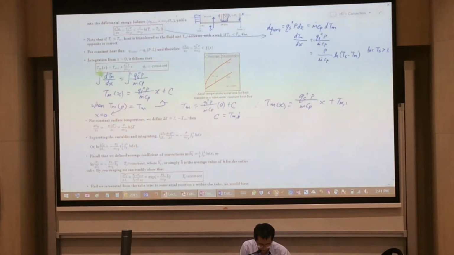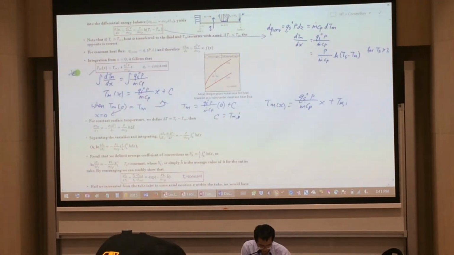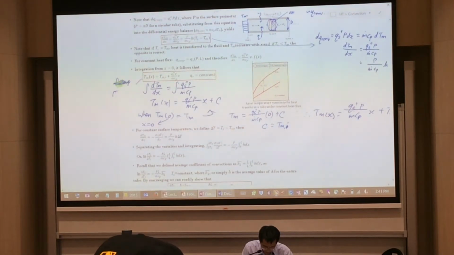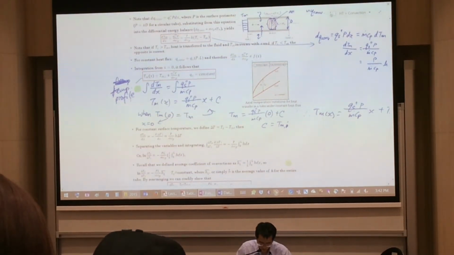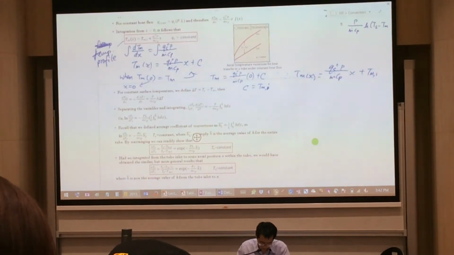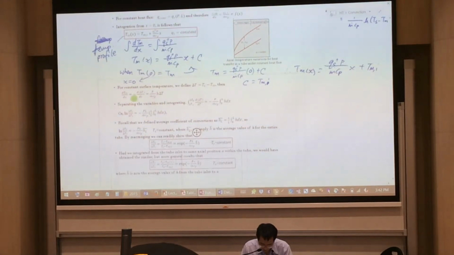So that's how we got to this form of the equation, and this is the one that tells us our temperature. This is our temperature profile. There's still a little bit more, so I need to go through them.